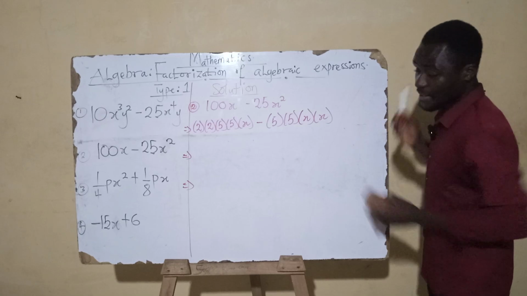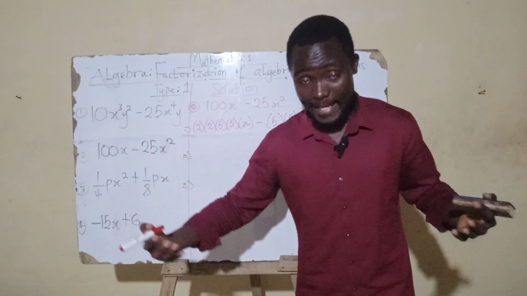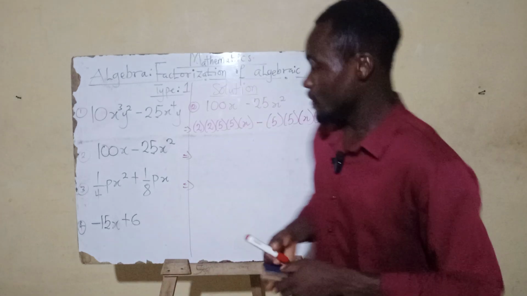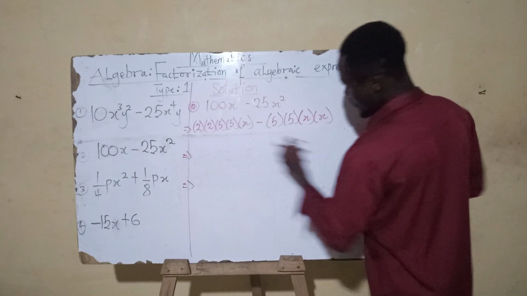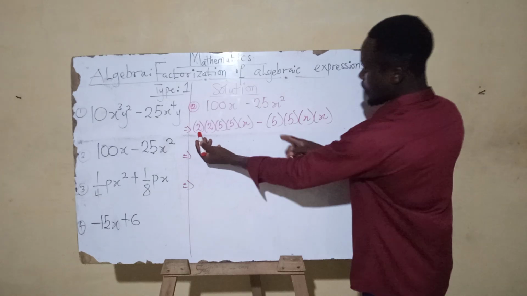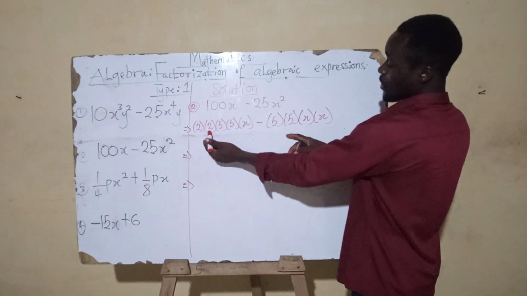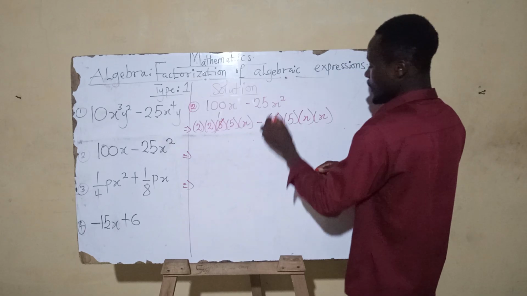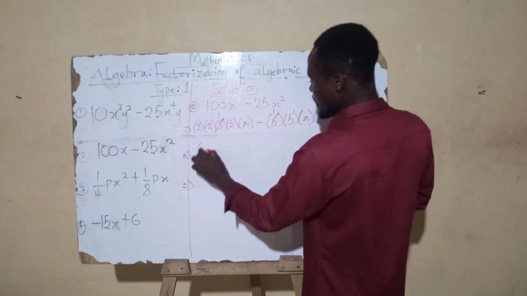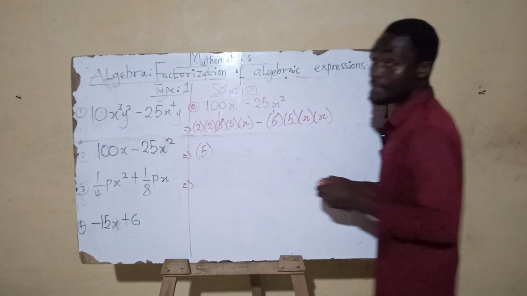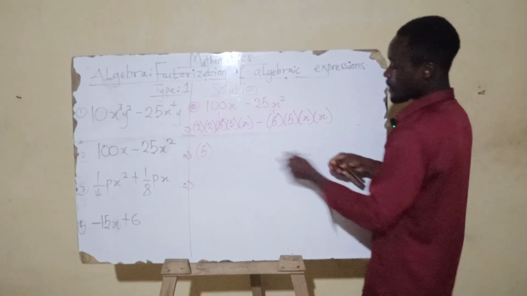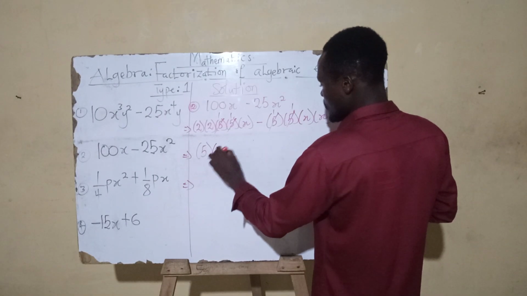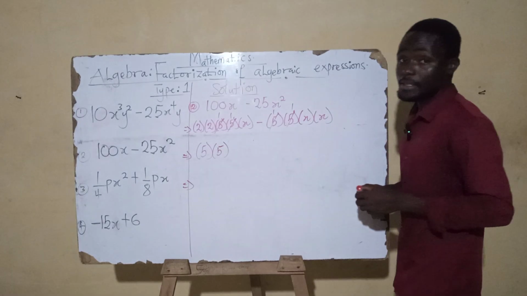So now that we are done expanding or splitting it up, we are now going to identify what we call like terms. So here, I have 2 here, there's no 2 there. So 5 is here, 5 is there, so I can get rid of that and I will identify it as my common factor. In the same manner, when we come to this side, I have 5 here, 5 there, so I will identify this as my common factor.